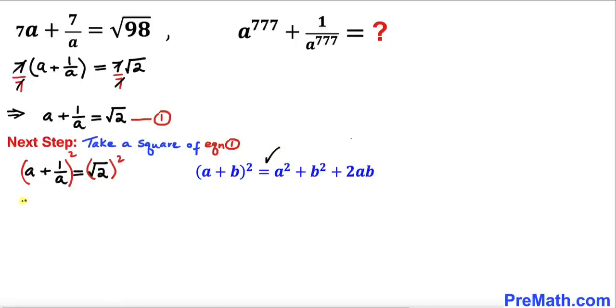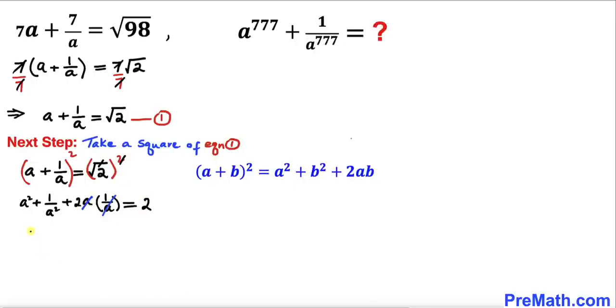So this can be written as a squared plus 1 divided by a squared plus 2 times a times 1 divided by a equals, on the right hand side, the square and the square root undo each other, so we end up with just 2. Now we can see this a and 1 divided by a cancel each other out.